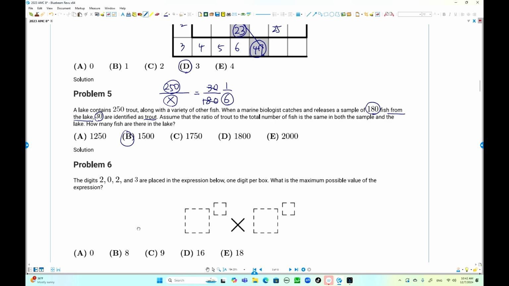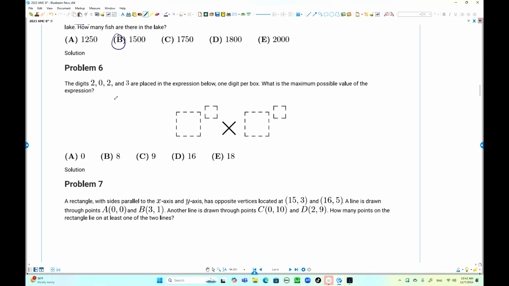Okay, number 6, we have 2, 0, 2, and 3. So what is the maximum possible value of the expression? If this is 0, or 0, right? That's not working. So 0 cannot be in the base place. It should be one of these. So what is the largest number?